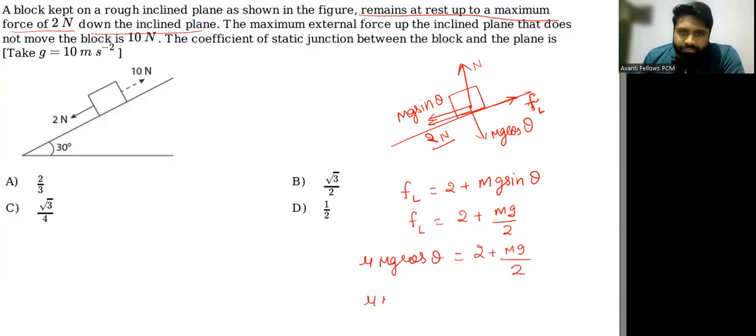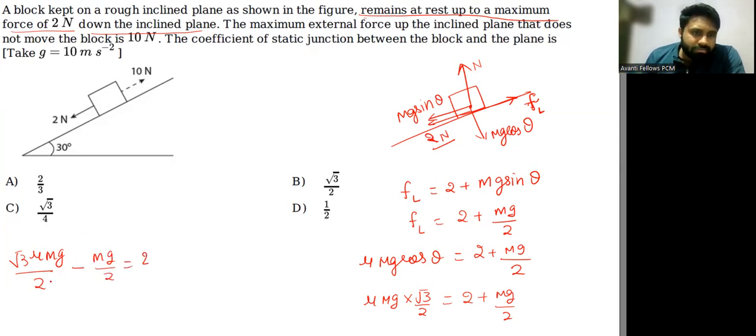Now mu mg cos theta will become root 3 by 2, so it is 2 plus mg by 2. What we will do, we will take mg common. So root 3 mu mg by 2 minus mg by 2 is equal to 2.